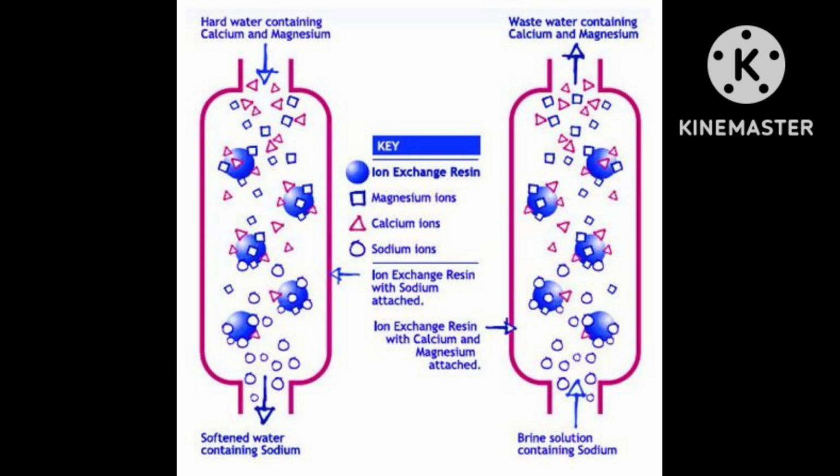When you add this Calgon to hard water, it will react with water. Na6P6O18 will first break into 2Na plus and Na4P6O18 2 minus.